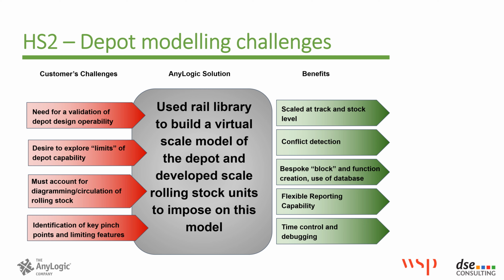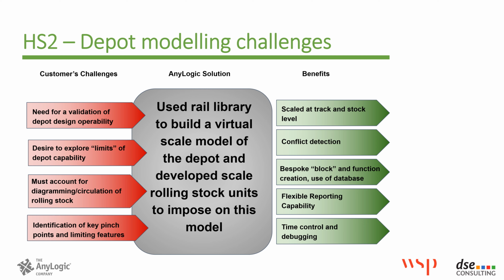We had the capacity to build bespoke blocks in the functionality, which we used for the train washing and the dispatch functions. We also exploited the reporting capability of AnyLogic, so it's very good for quickly putting charts and graphs up, and also exporting data to text files when certain events happened.